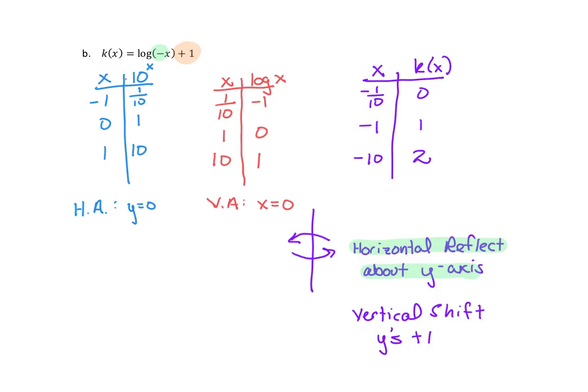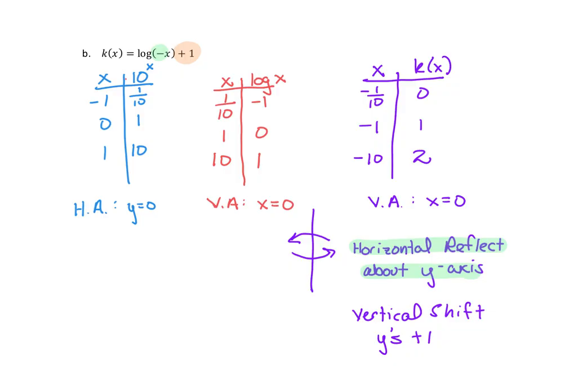And it is going to stay the same because notice that we don't have any moving left or right. We just reflect it, and the reflection does not affect the vertical asymptote. And so we still have a vertical asymptote of x equals 0.